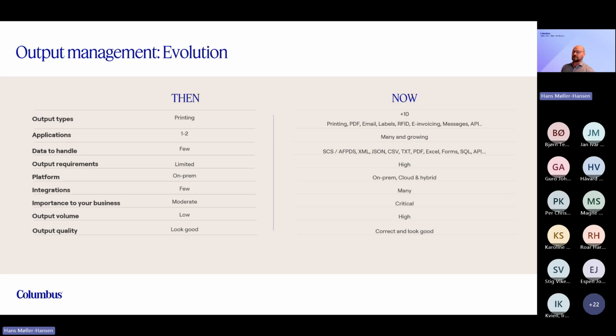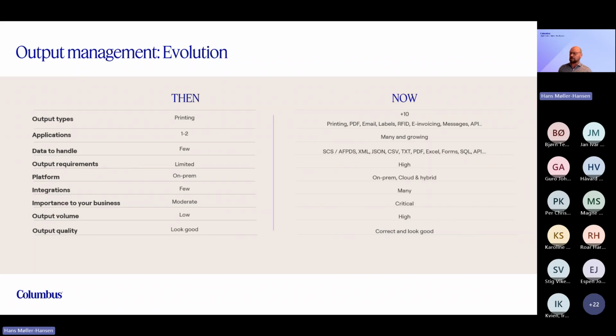We also see that before, we had the ERP system, maybe a WMS system delivering some documents, but now we see more and more applications that have an output need. That also means we get more and more formats, both to deliver to customers and to receive in our system. We see the move from on-prem to the cloud. That means we need to think about how we do output in the cloud, and that's where especially the physical printout on a printer changes quite a lot.